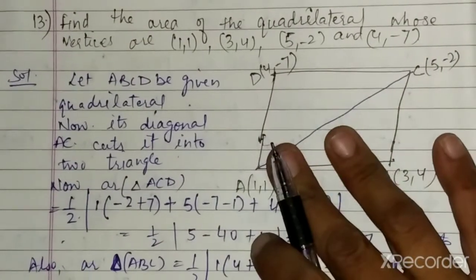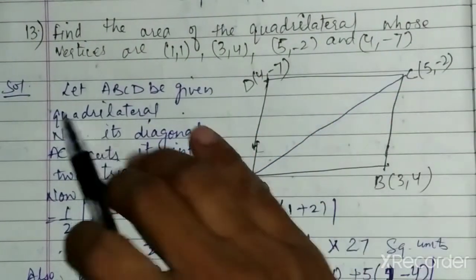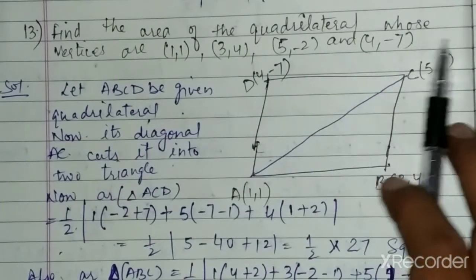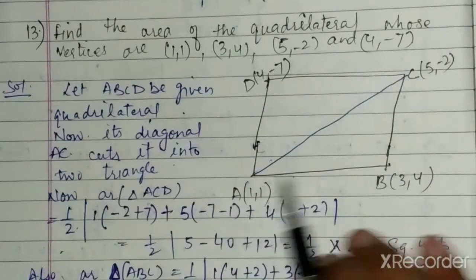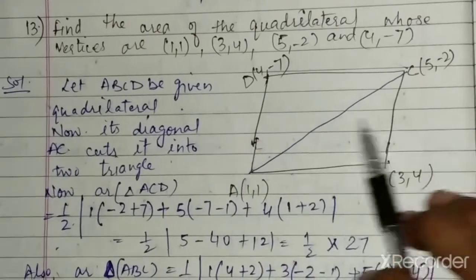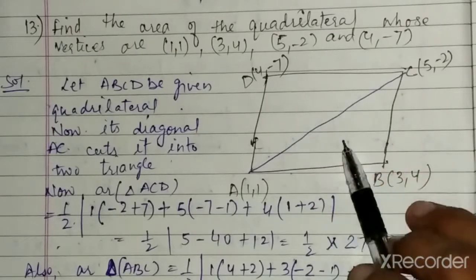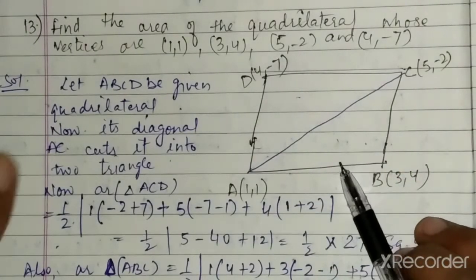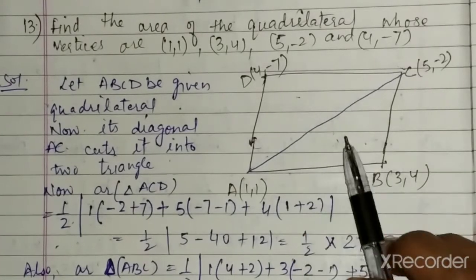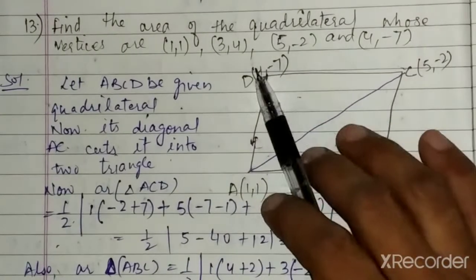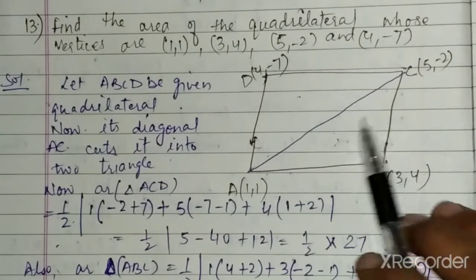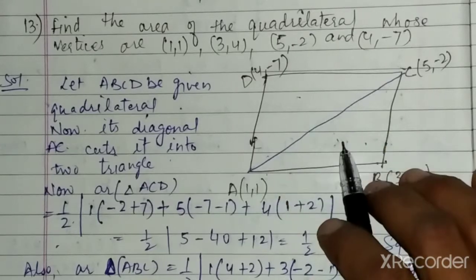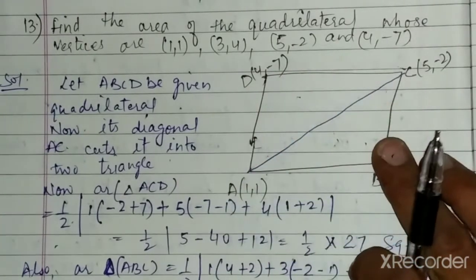Now in the 13th sum we are asked to find the area of the quadrilateral whose vertices are (1, 1), (3, 4), (5, -2) and (4, -7). Let us take ABCD to be the given quadrilateral. Its diagonal AC will divide it into two triangles. Now we know the formula for finding the area of the triangle. We'll find the area of triangle ACD and triangle ABC, and at last we will add these two areas and we will have the required area of the quadrilateral.